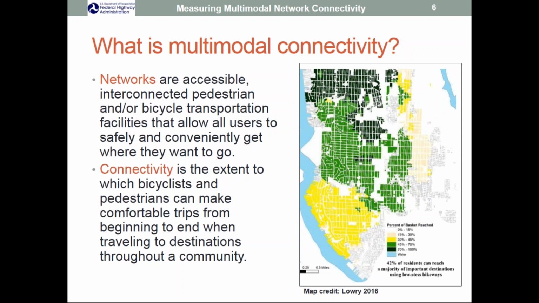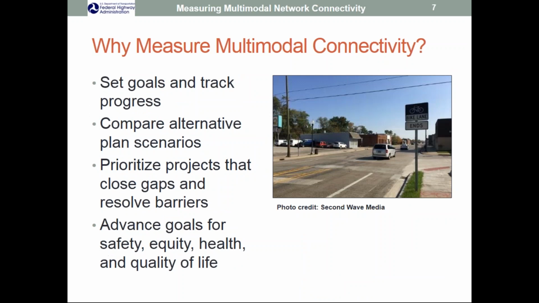And you can certainly add words to that like comfortably as well, but we wanted to keep it reasonably succinct. And then connectivity is the extent to which you can actually conduct a trip from beginning to end and travel throughout a community comfortably. So that's just a little bit of background on how we had to make sure we were being clear on the networks we were talking about and the concept of connectivity we were discussing.